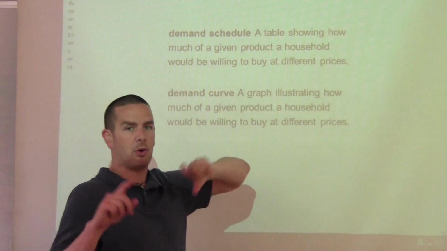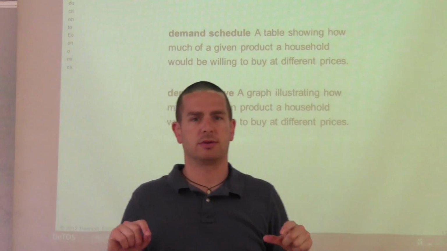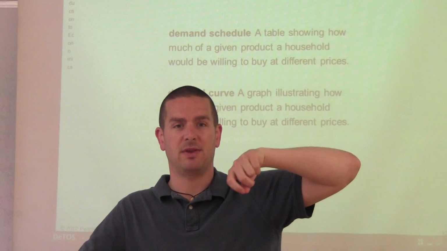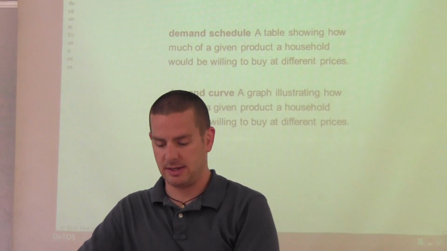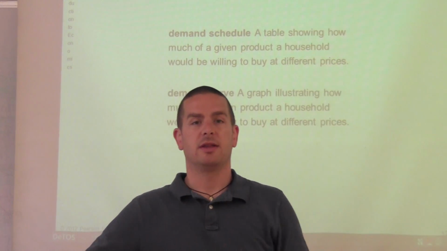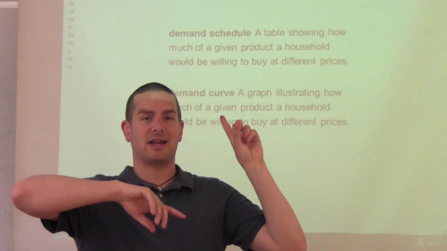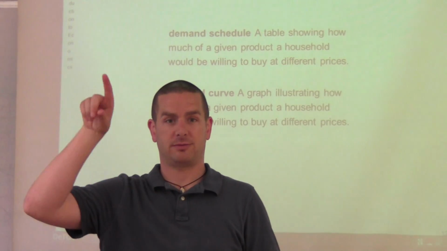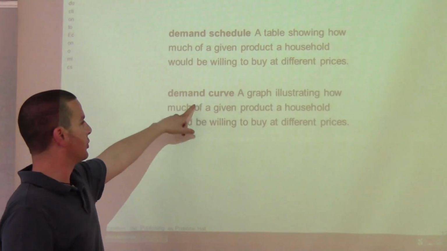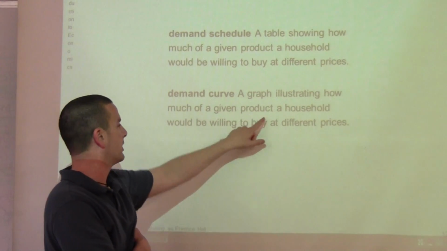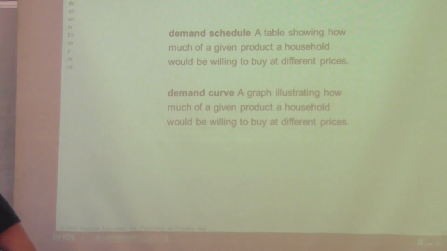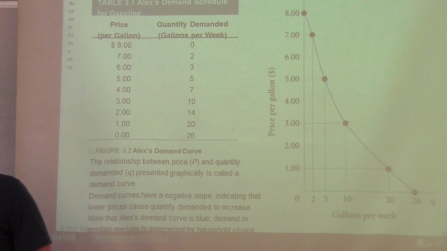If we make price the vertical axis and quantity demanded the horizontal axis, then you can graph a demand schedule as a curve. A demand curve is a graph that illustrates how much of a product people are willing to buy at different prices.